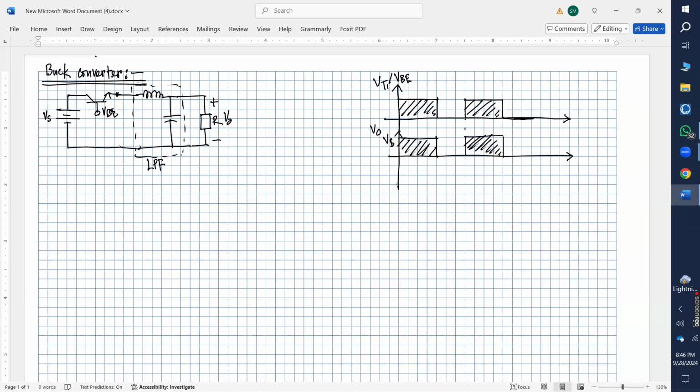What will happen with the low pass filter? If you tune the low pass filter based on our switching frequency, we know the frequency of the low pass filter is 1 over root LC, right?